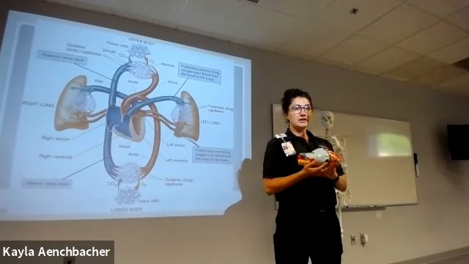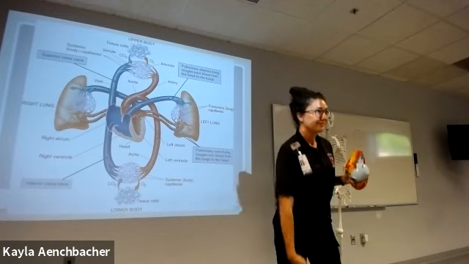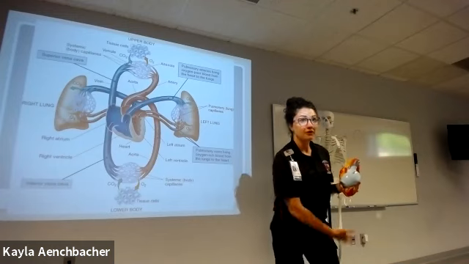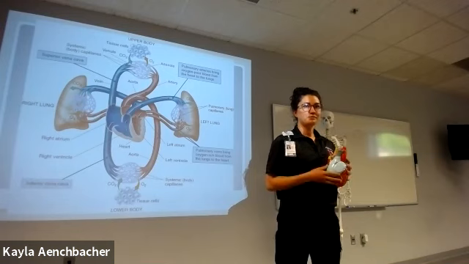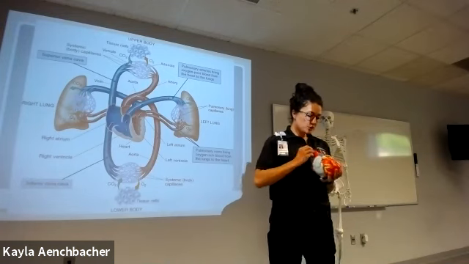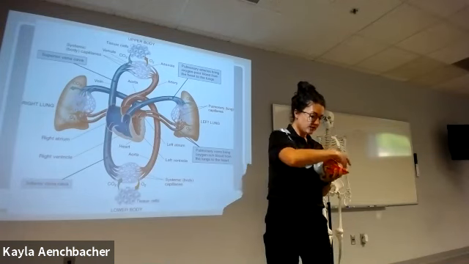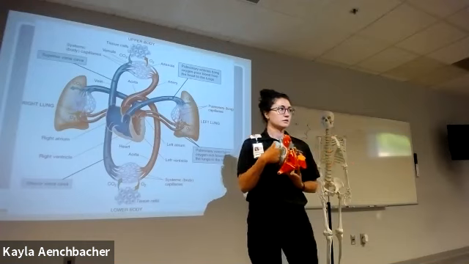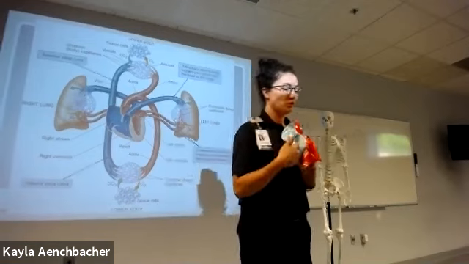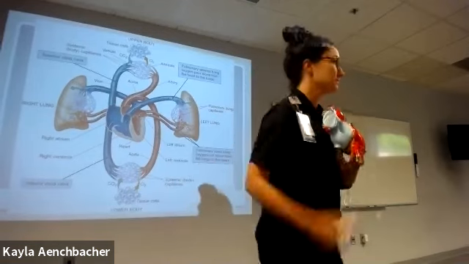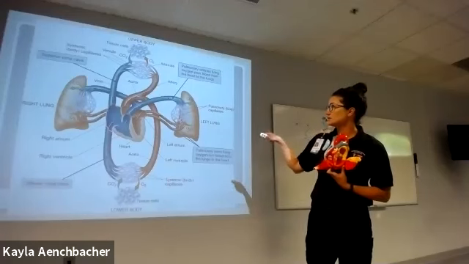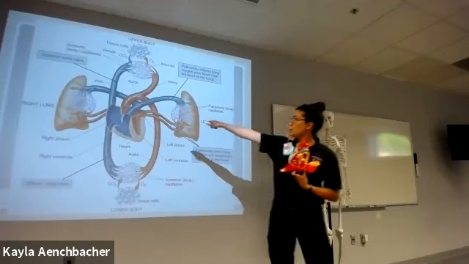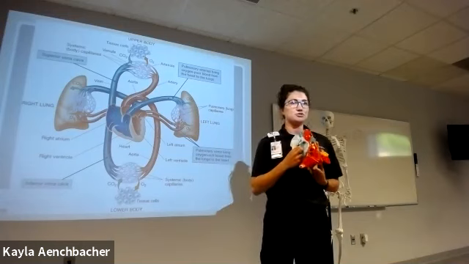The inferior vena cava is bringing it from the inferior, the bottom part of the body. The superior and inferior vena cava are going to dump out into the right atrium. So we're going to dump out right here into the right atrium.